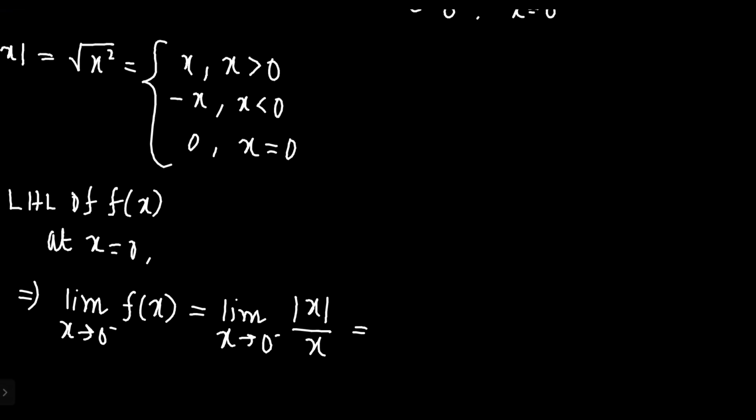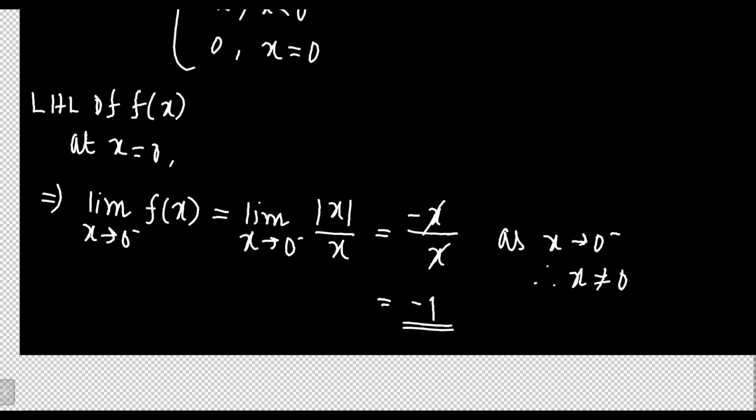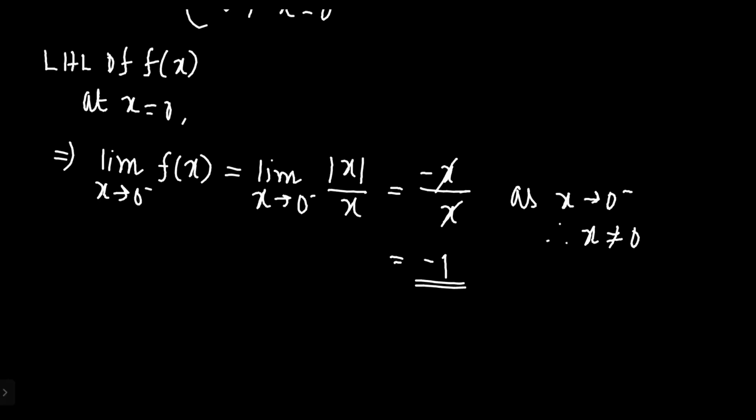So when x is less than 0, what is the value of mod x? It is minus x. So it is minus x by x. Now as x tends to 0 minus, x is not equal to 0, therefore we can cancel out x. So it is minus 1. So we have got the LHL value of f(x) at x equals 0 is equal to minus 1. Okay. Now we take the RHL part.